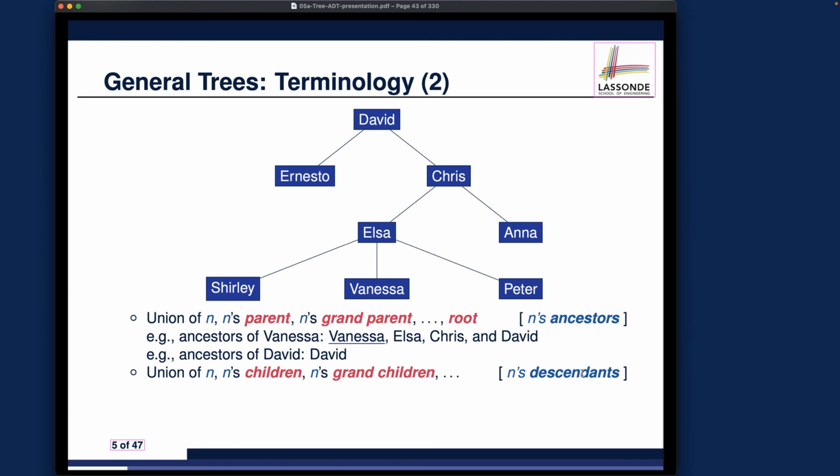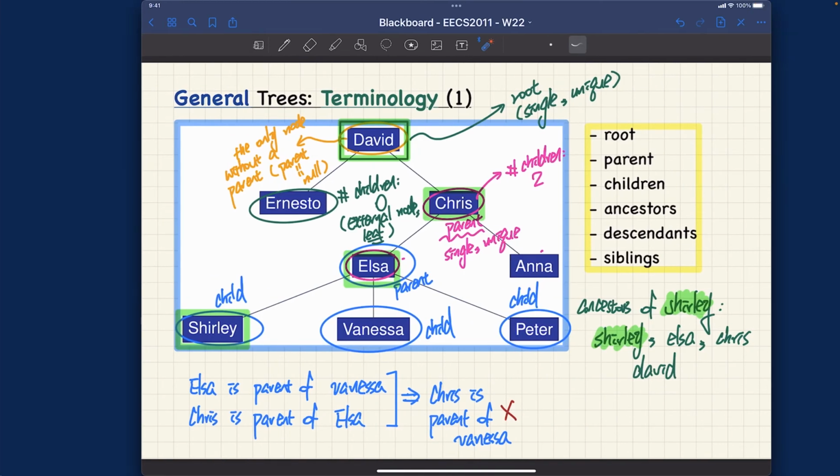Let's now take a look at some examples. What about descendants for Vanessa, right? By definition, descendants for Vanessa would be Vanessa herself and also her children. But according to the family tree, Vanessa does not have any children. So the descendants for Vanessa will only include herself, right? In this case. What about the descendants of Elsa over here?